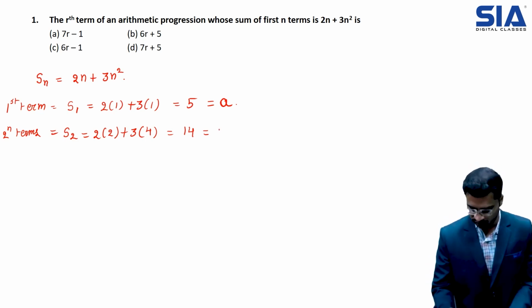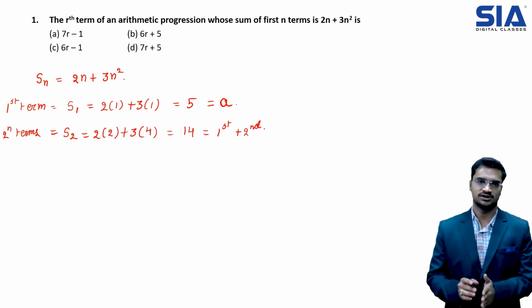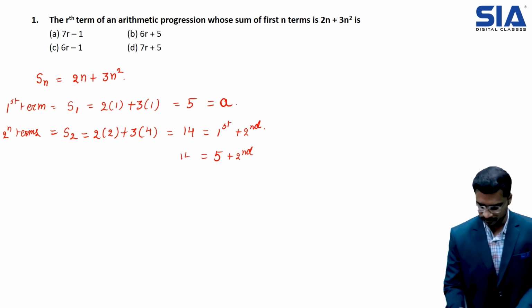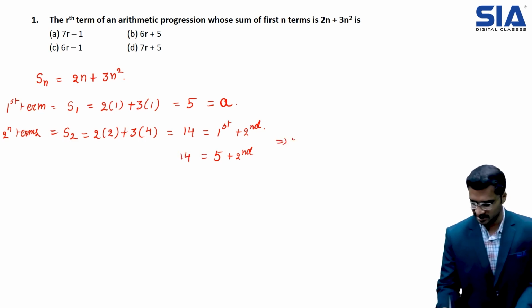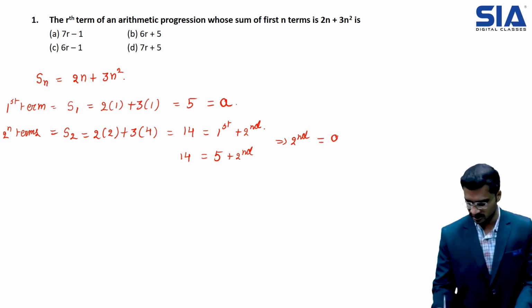This is the sum of the first term plus the second term. We know the first term is 5. First term plus second term is 14. So after solving this, I can say that our second term is 14 minus 5, which is 9.